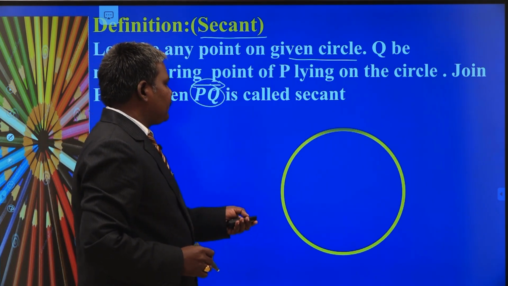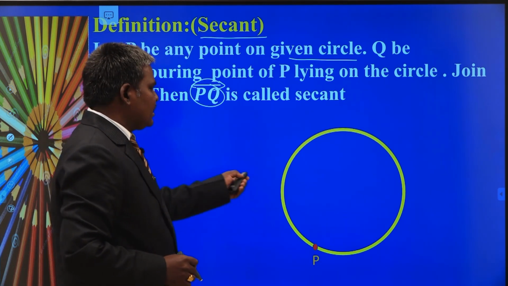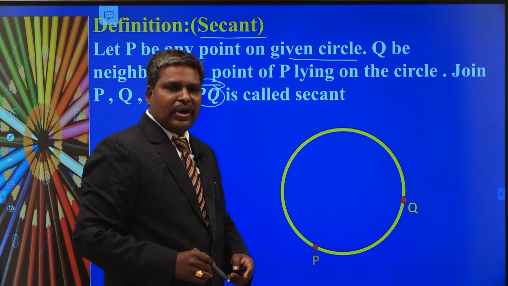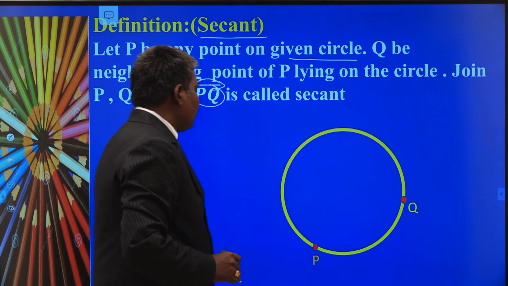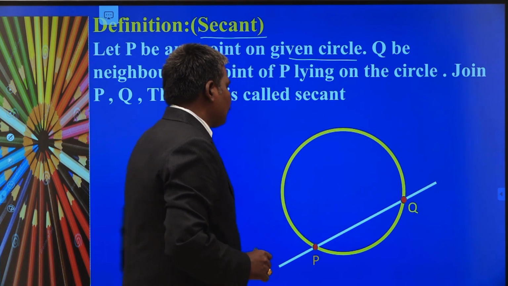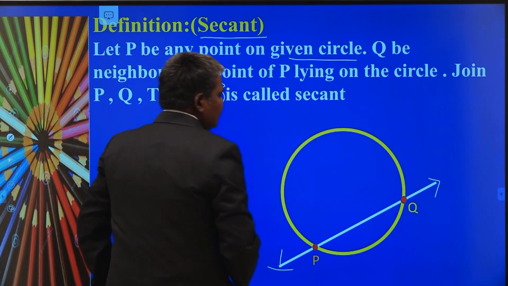Very simple definition. This is my point P which lies on the circle, and this is the point Q which is neighboring to P. The line passing through P and Q is called a secant line. So this is my secant line.